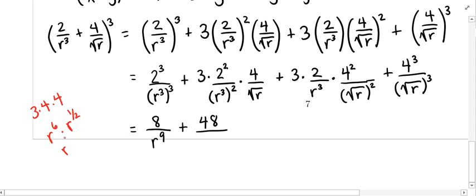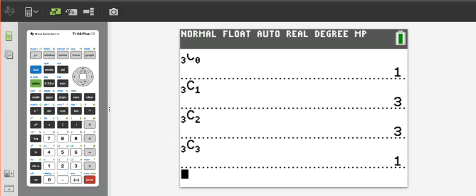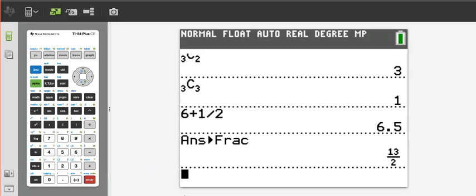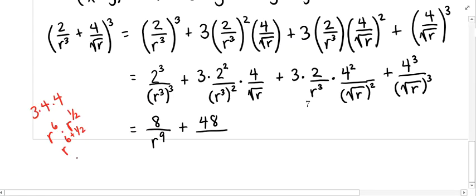So this is going to be r to the 6th plus 1/2. The power here on r is 6 plus 1/2, so you're going to get 6.5, which is 13 halves. So this is going to be r to the 13 halves power.